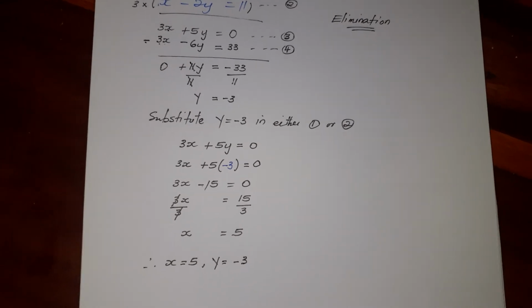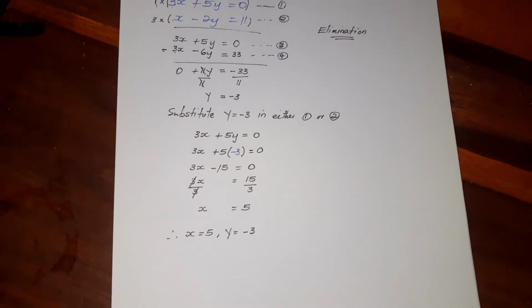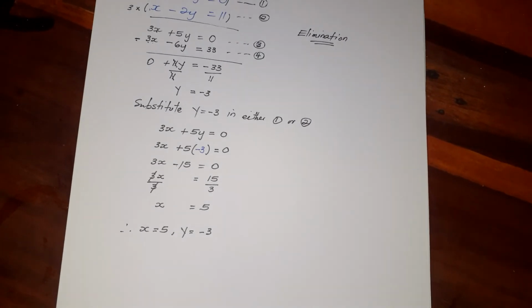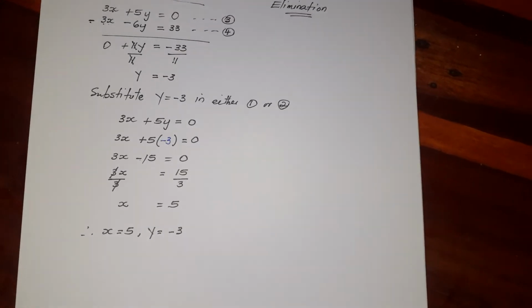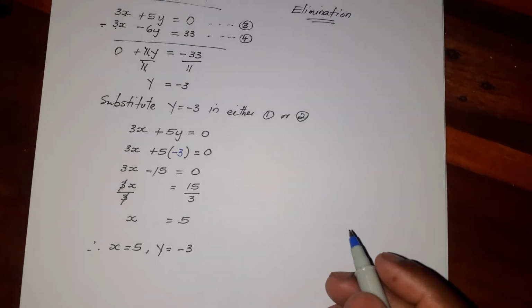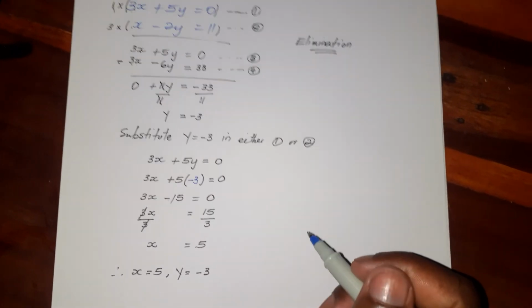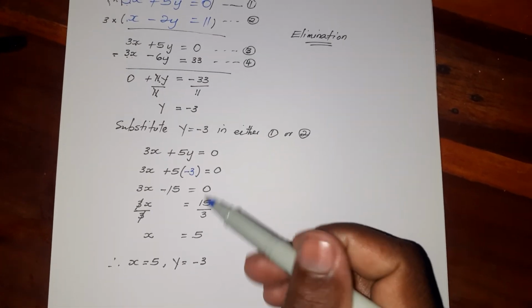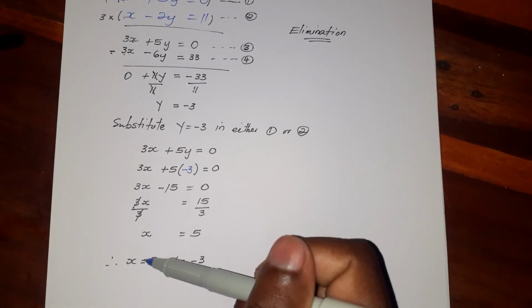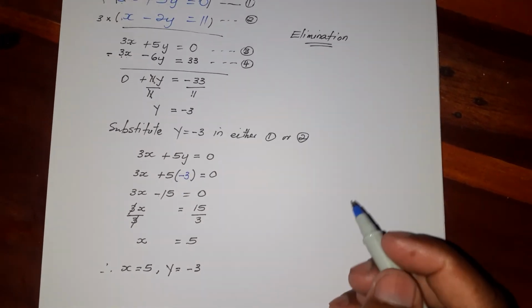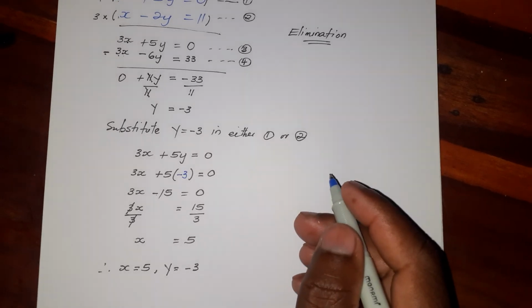Let's quickly check our answers to see if they are the correct answers. To check if these answers are correct, we have to substitute both the y value and the x value in any of the two equations. Let me work with the first equation.